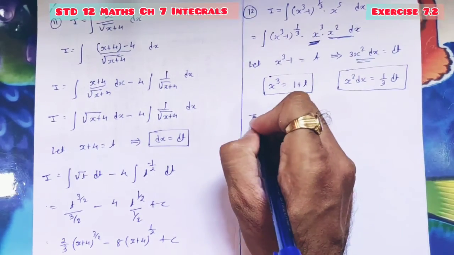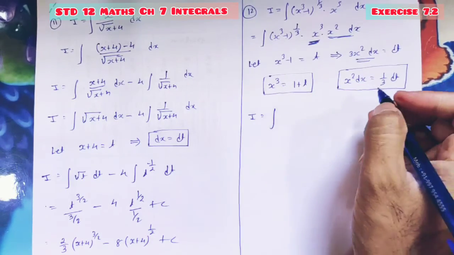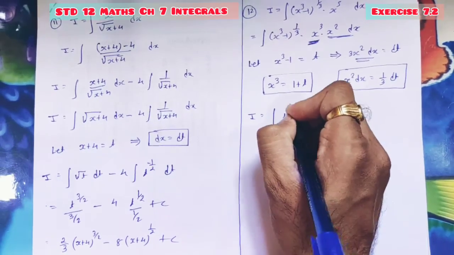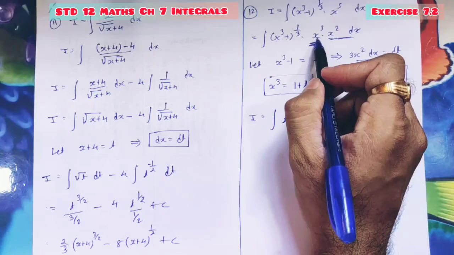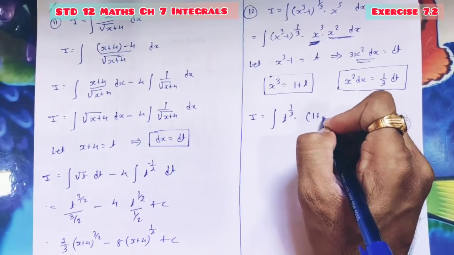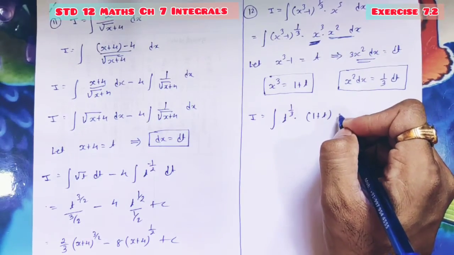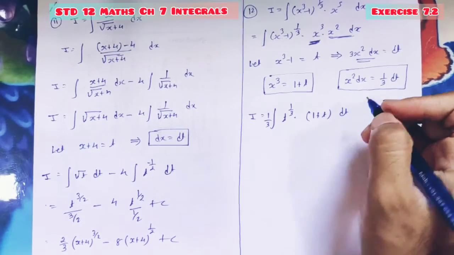So our integration I will be, after the substitution, t raised to 1 by 3 into x cube as a 1 plus t, and this remaining x square dx as a 1 by 3, है ना, इसको 1 by 3 आगे ले ले, 1 by 3 dt.